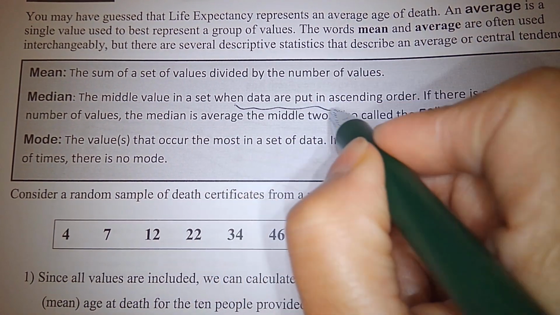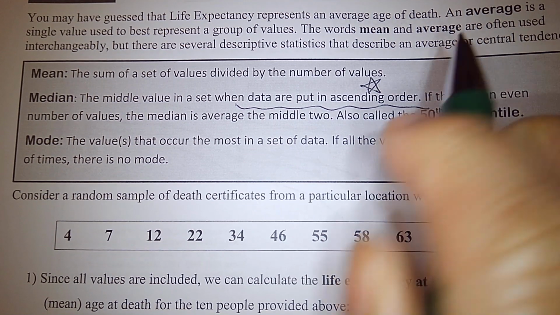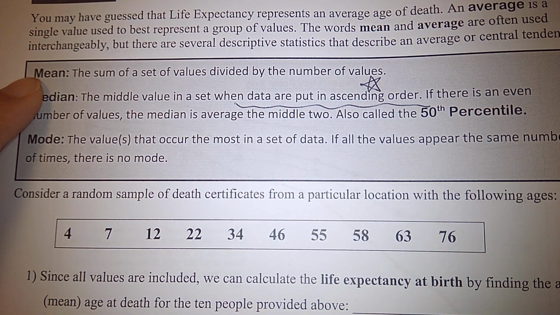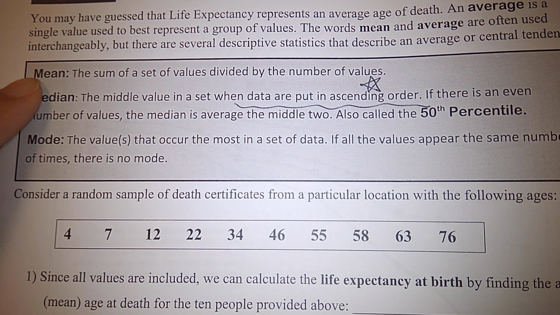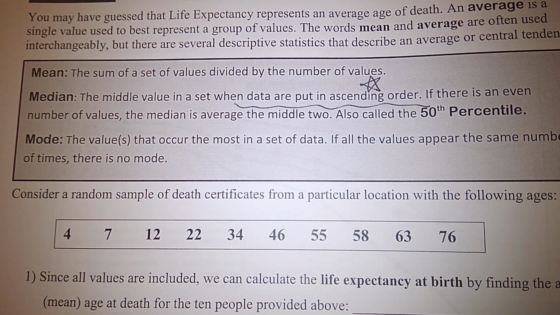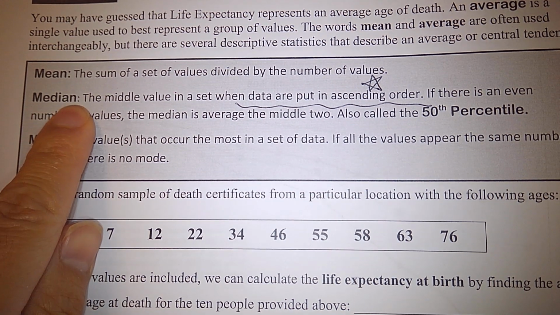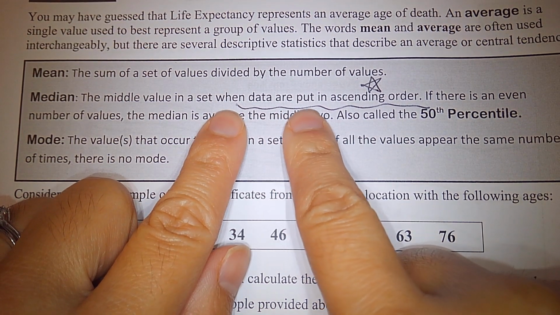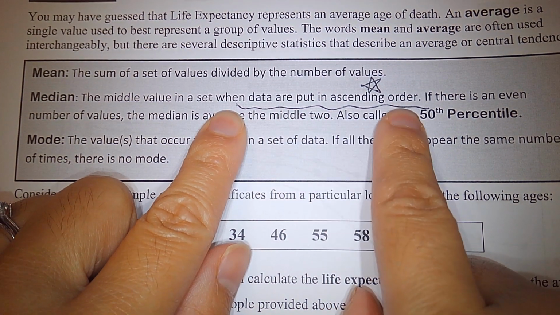This is very important. When we compute the mean, we don't have to put the values in order. We just add them up and divide by the total number of data. However, for the median, we have to make sure the data are put in order.